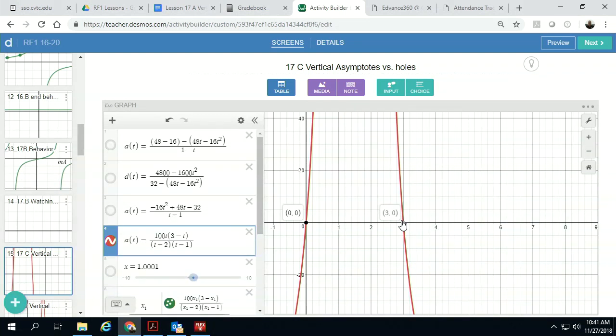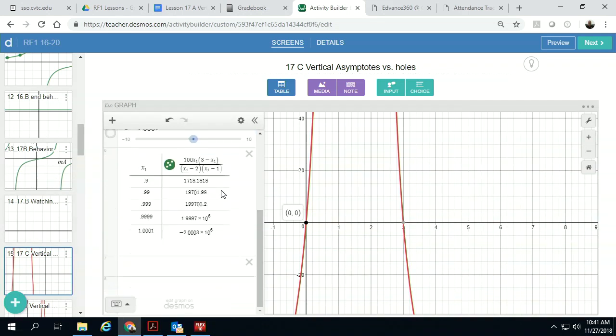Page 241. Use the formula to complete the following table as shown. So let's make a table where we have 100 times x2 times 3 minus x1 divided by x1 minus 2 times x1 minus 1. And if you notice, I get those values when I plug it in.